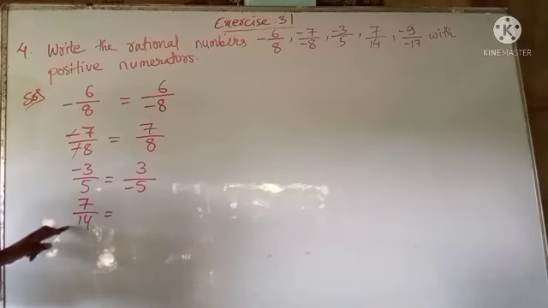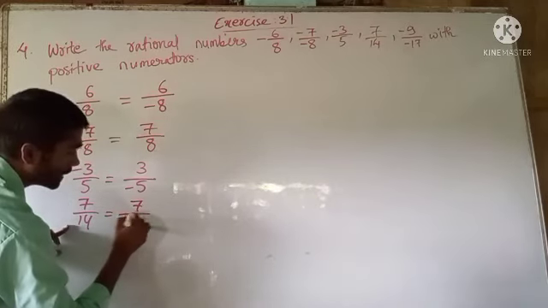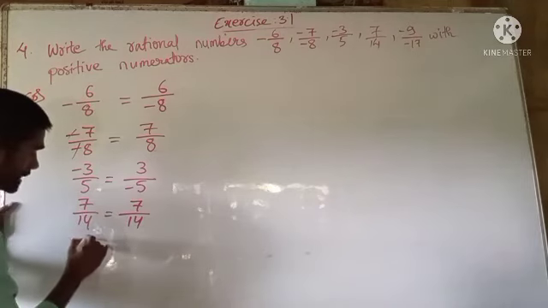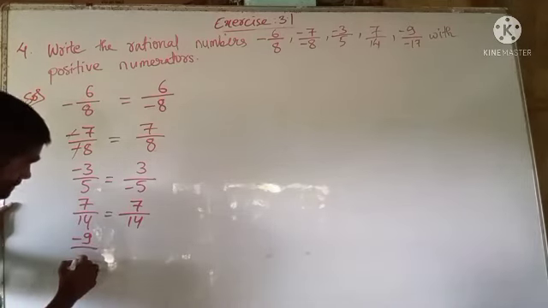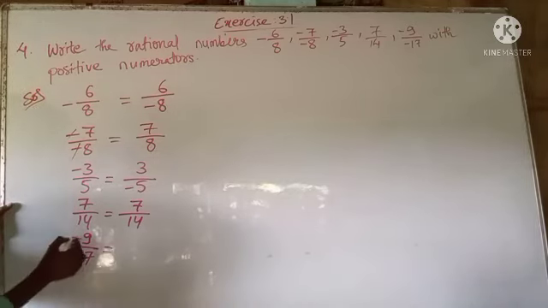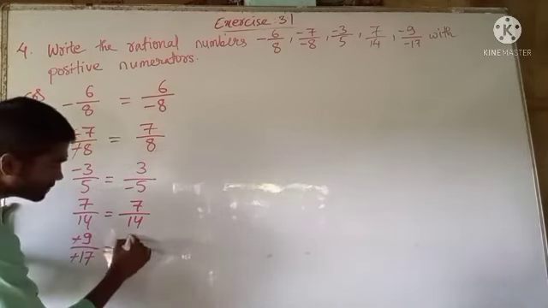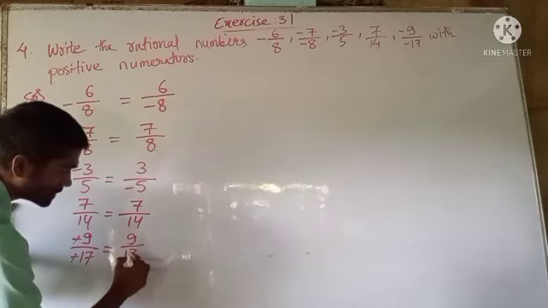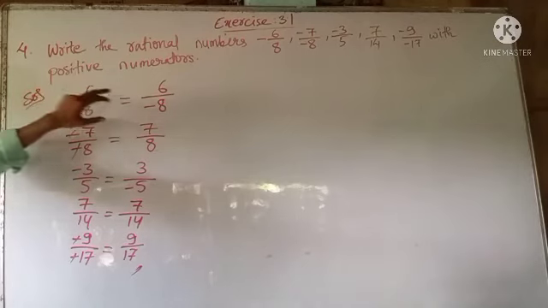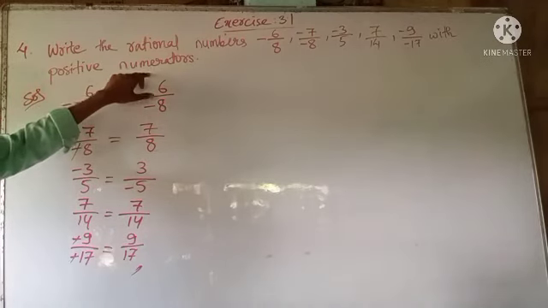No sign is there, that means plus sign is there, so we can write it as it is because it is already a positive numerator. Again minus 9 by minus 17. Here also we can cancel this minus sign and it will be changed into 9 by 17. So in this way we can express the given rational numbers in the form of positive numerators.